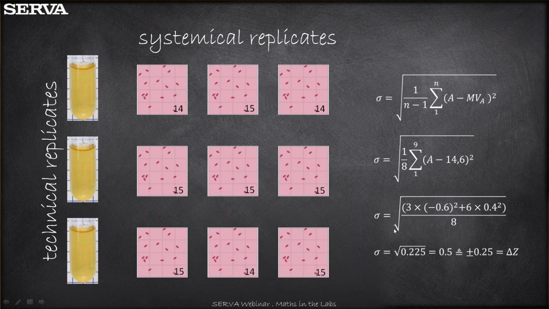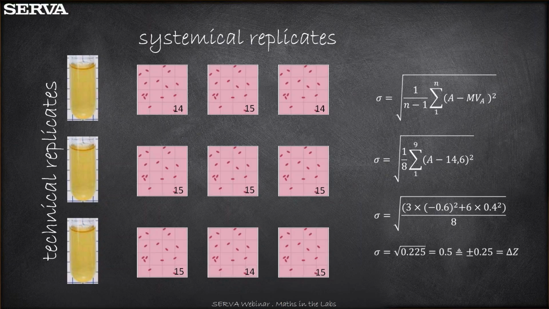I have 14, so it's 3 times minus 0.6 square, and add it with here 6 times 0.4 to the square, and divide this by 8. Then you calculate the root out of it, and you get this number that is 0.5 at the end.